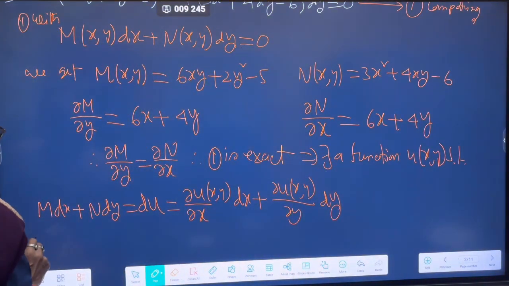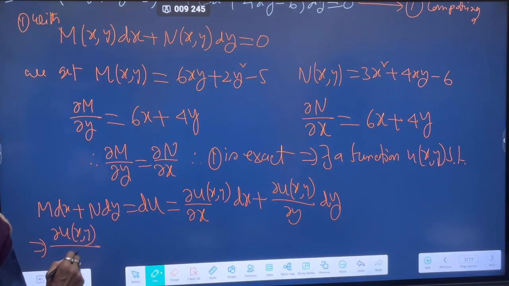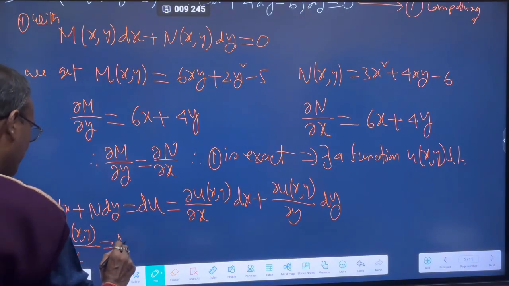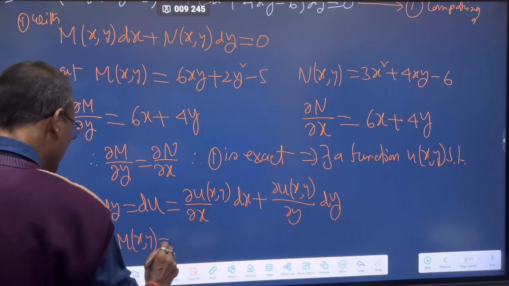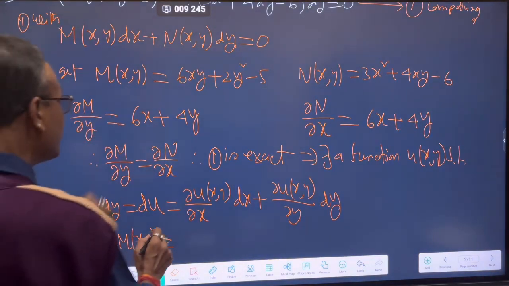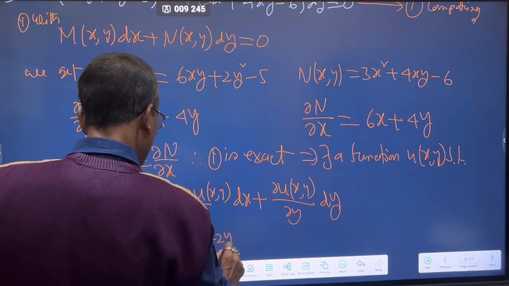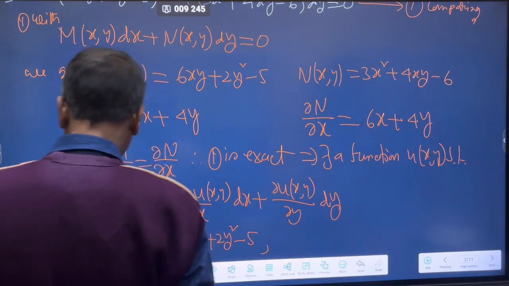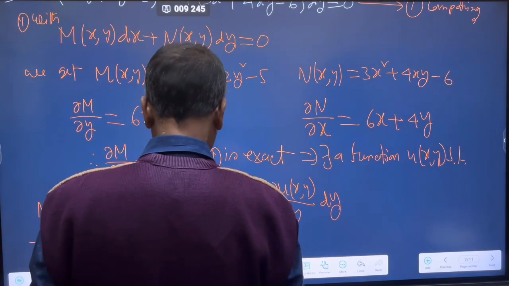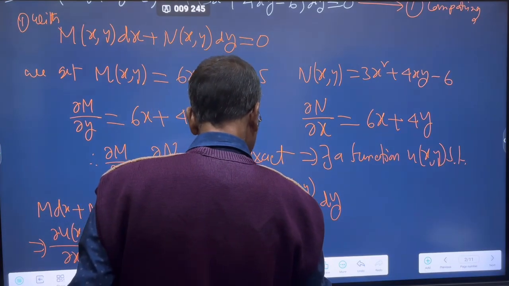This means del u by del x equals M, which is 6xy plus 2y square minus 5. Suppose this is number 2.